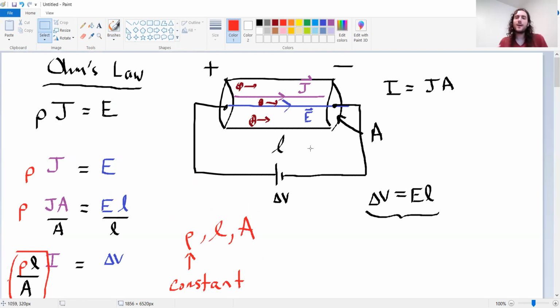If I'm dealing with just one wire in my problem, then L is just a fixed value for that wire. I could change that wire out with another wire to change L, and that would change the value of this factor. But as long as I'm working with the same wire, L is also constant.